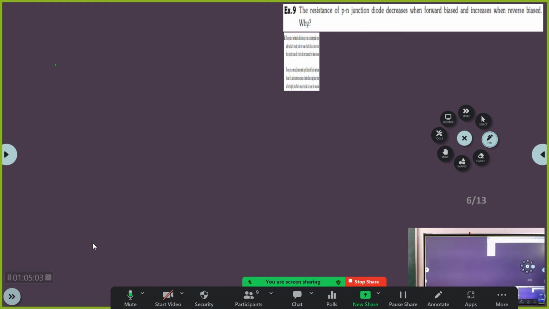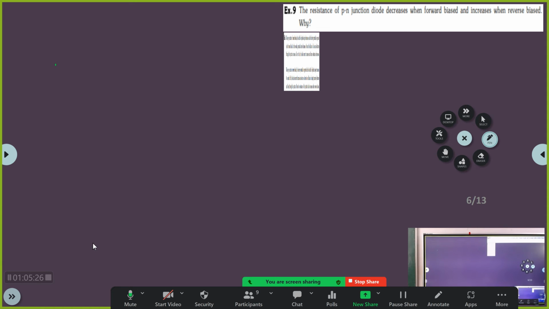And what is the cause for the opposition? It is the potential energy barrier across the junction that is opposing the flow of forward current, correct?